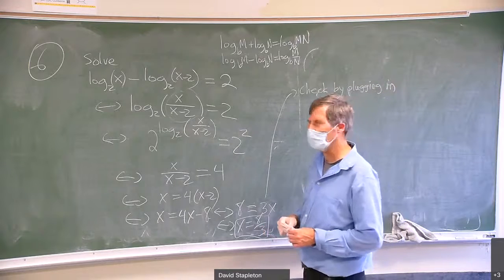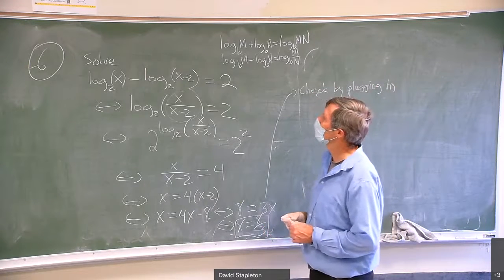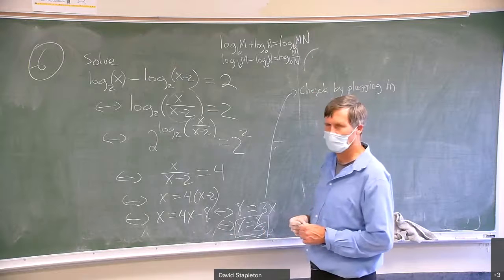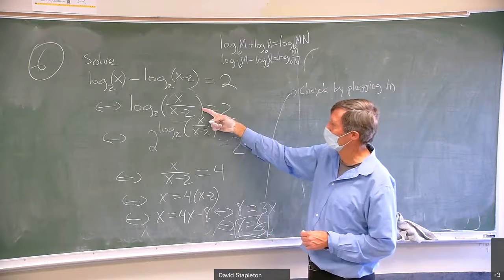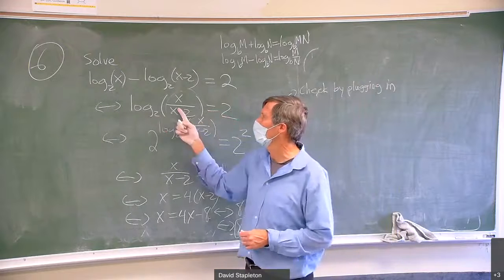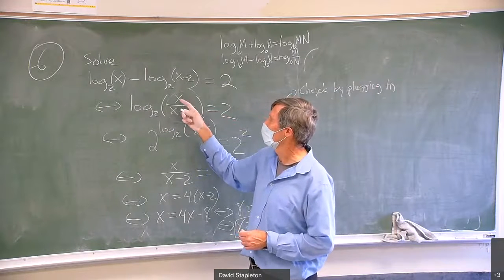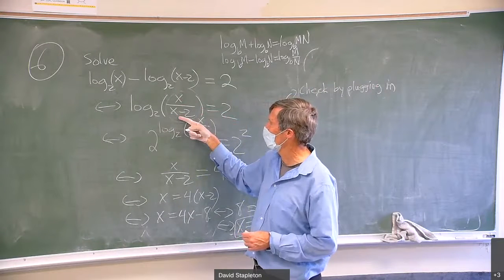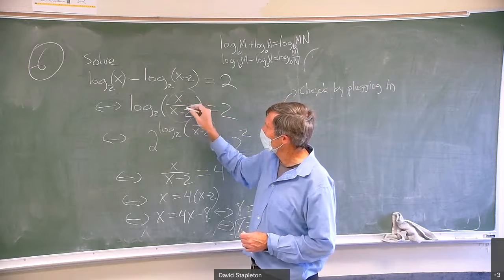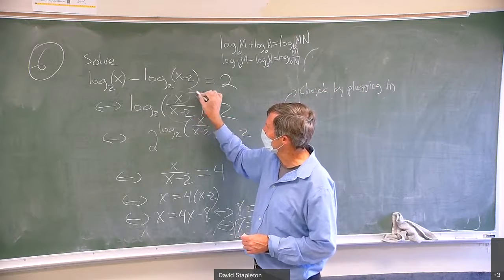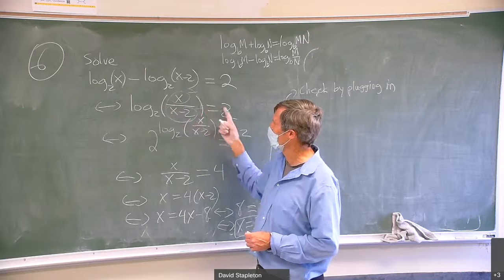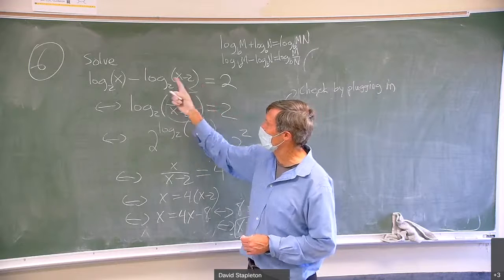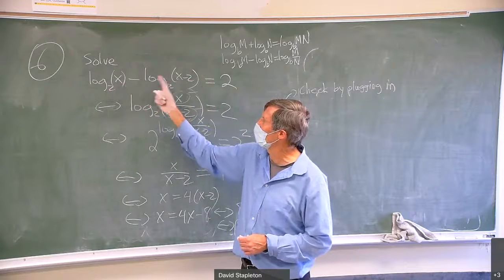The reason is that when I combine logarithms, these actually aren't equivalent unless the top and bottom are both positive. Sometimes you get a solution where the top and bottom are both negative, and it satisfies this equation, but it doesn't satisfy this one because you can't take a logarithm of negative numbers.